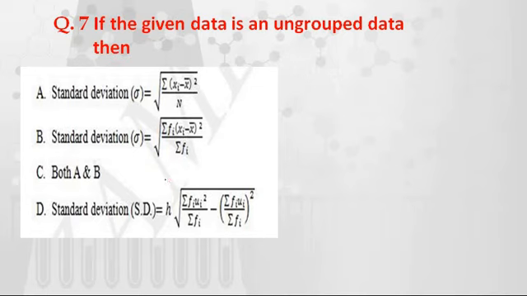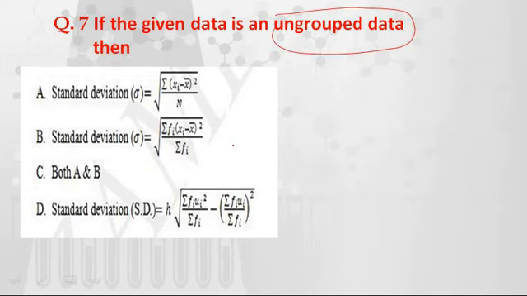Option C is both A and B. Option D is h square root of summation fi ui square upon summation fi minus summation fi ui divided by summation fi whole square. So see here also the data is ungrouped data.